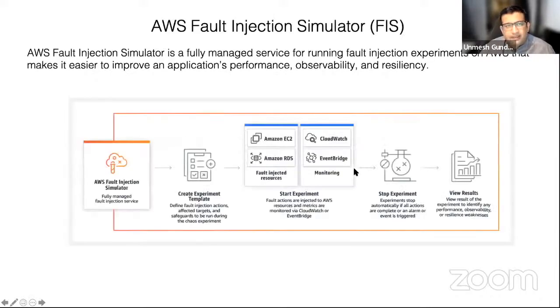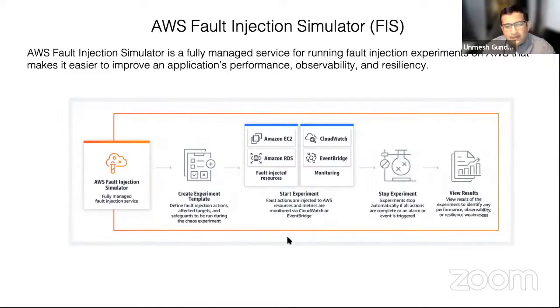FIS is a managed service provided by AWS, and you can define these fault injection experiments and run them. It supports different AWS services like EC2, which is a compute service, RDS database service, or if you are using EKS, which is Kubernetes, you can also use FIS to simulate pod failures and other things.